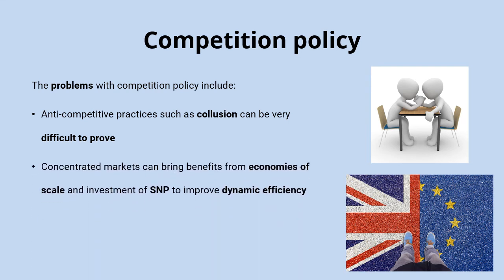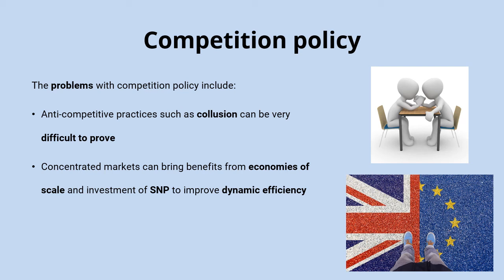And then we've also got the benefits to markets which are more concentrated and have elements of market power. Bigger firms are more able to benefit from economies of scale, which means they can reduce their cost per unit, and it might even allow them to charge lower prices to customers. We've got the supernormal profits which can be earned in more concentrated markets, which means that dynamic efficiency is more likely.